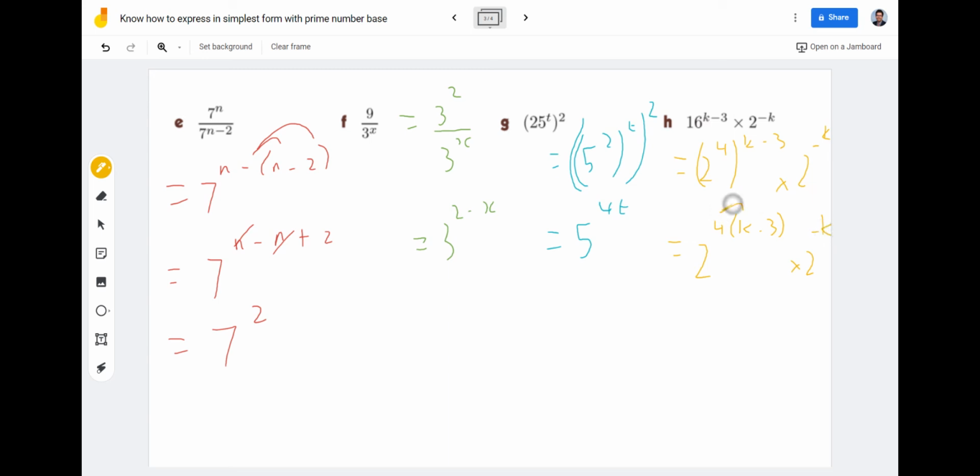Then we expand this out. 4k take 12 times 2 to the power of negative k. And then we both have powers of bases of 2, prime number bases, and we're timesing, so that means we add. 2 to the power of 4k take 12 take k. So that equals 2 to the power of 3k minus 12. Happy days.